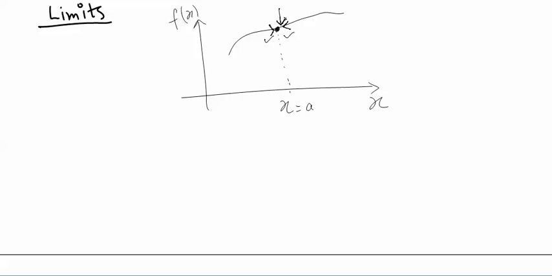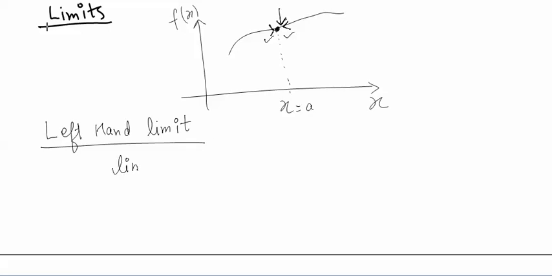Now what do we mean by this? We have defined two new terms now. One is called the left hand limit, and the next one is the right hand limit. So first let us talk about the left hand limit. For limit I use LT or LIM; this is a terminology you can see. Limit x tends to a of f(x), right?